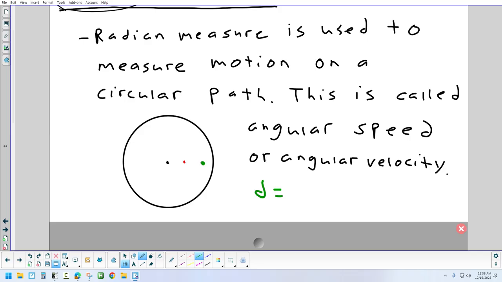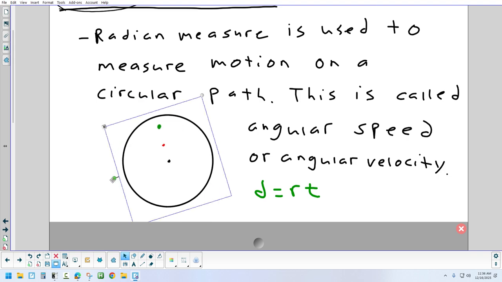Anybody remember what the formula is? Is it speed times time? Yeah, distance equals rate times time. So what I want to do now is take this object and spin it 1 time and just watch what happens. We'll go around 1 time.